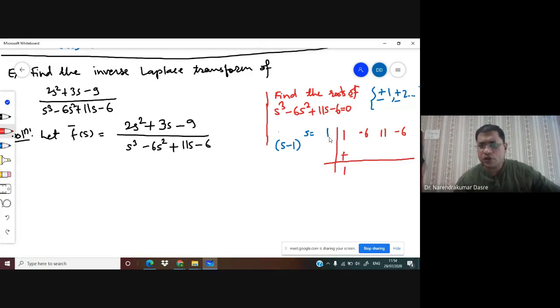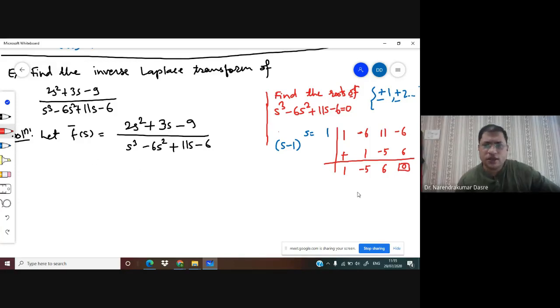Now I take the product of this one and write it here, and then take the sum of these two, so it is going to be minus 5. Then the product of this one and this 5, and write it here, so it is going to be minus 5, and I get here 6. Then the product of this one and this 6, write it here, and then the sum is going to be 0.